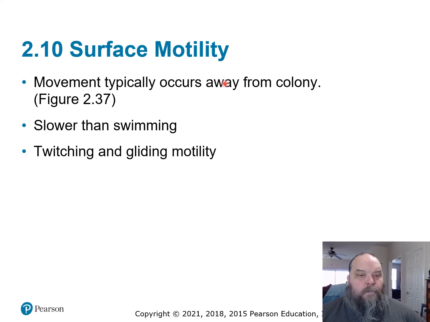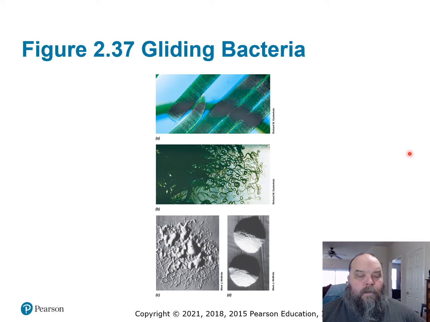This motility we're going to see here, known as twitching or gliding, is much slower than swimming. It's going to be driven by other appendages that are not flagella. We can see, as these microbes are moving, they're stretching out, expanding out from the center here.